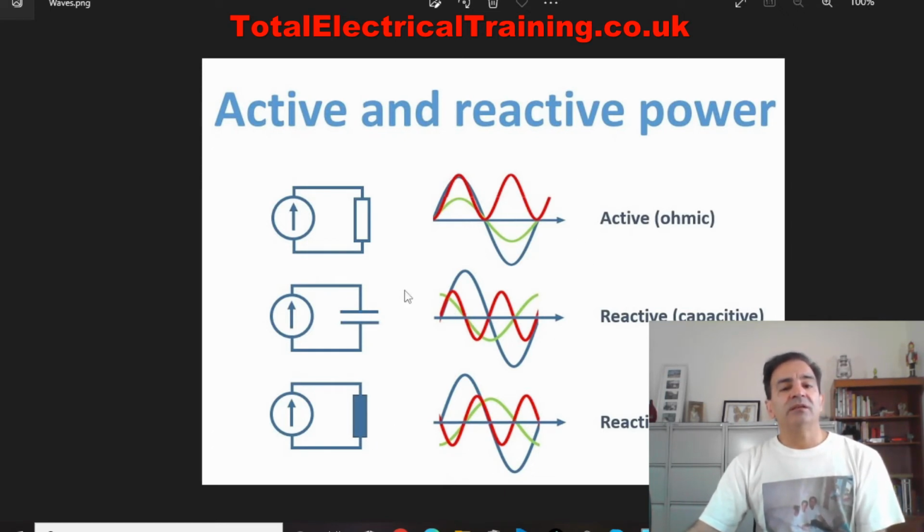As you see, these two are against each other, but most households don't have this item. All the appliances that you have are mostly inductive. So it's this and some of this. This resistive part is the useful part, which you use for heating, for lighting, for anything else.